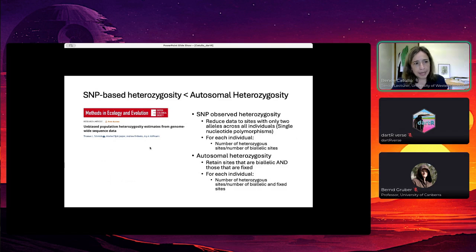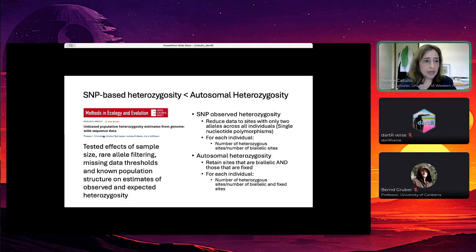And this started with a great paper by Thomas Schmidt in Melbourne, and he looked at SNP-based observed heterozygosity versus what he calls autosomal heterozygosity, which is basically the number of biallelic sites divided by the number of total sites.